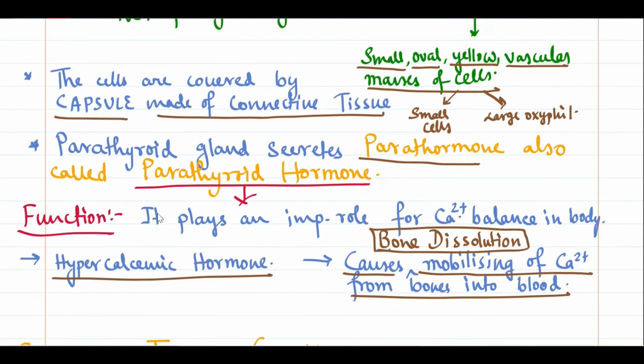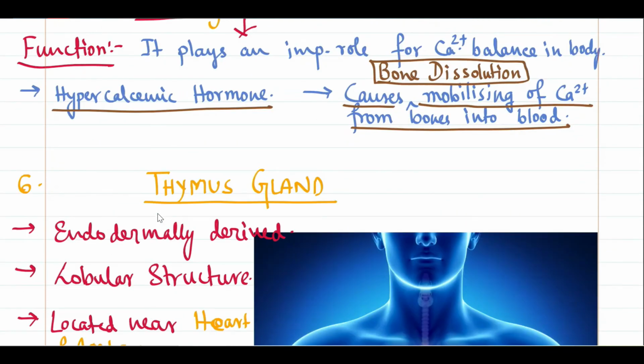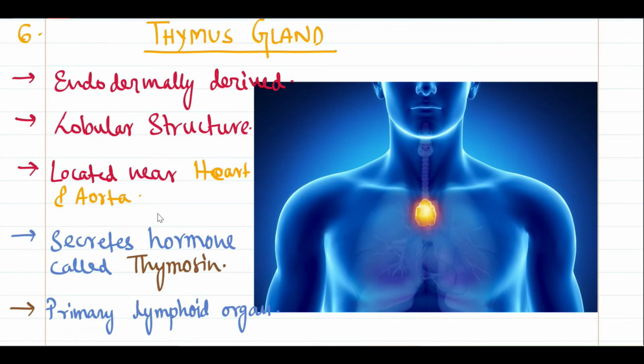Now this is all about the parathyroid gland, and after this comes the thymus gland. As you can observe in the diagram, the thymus gland is present very near to the heart. Here you can see the heart behind the lungs, and very close to the heart and aorta this thymus gland is present.